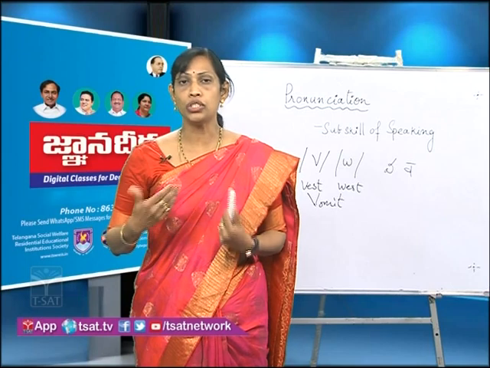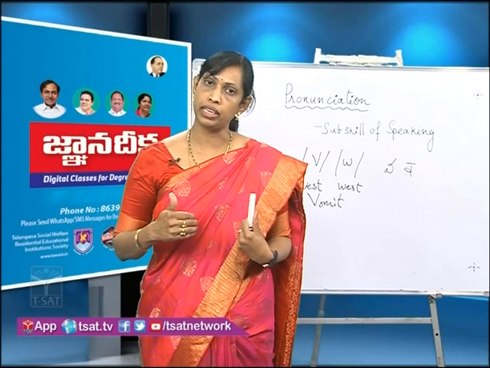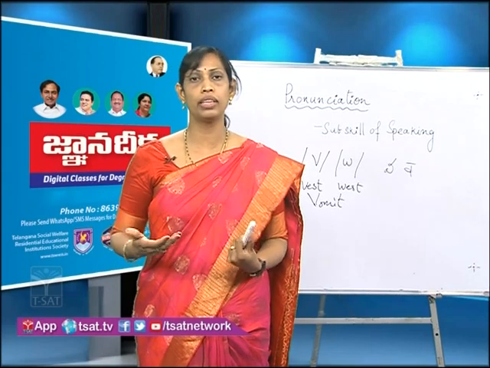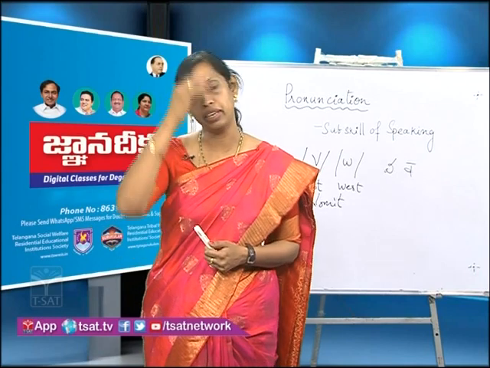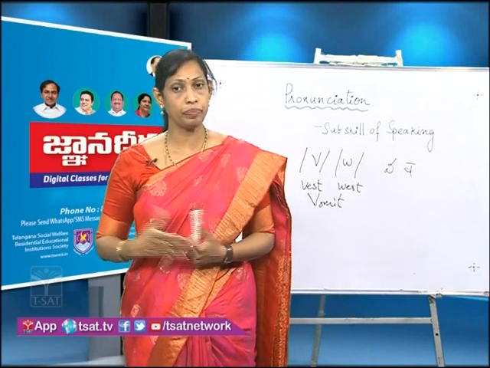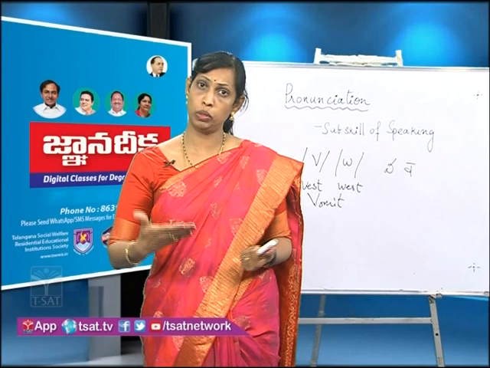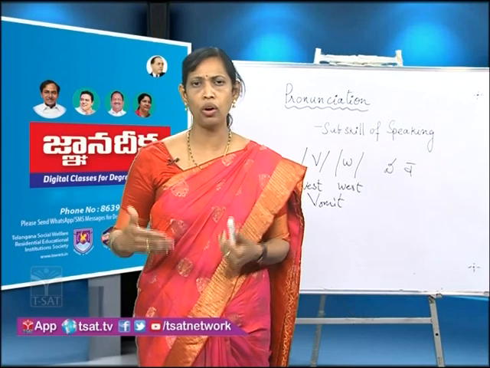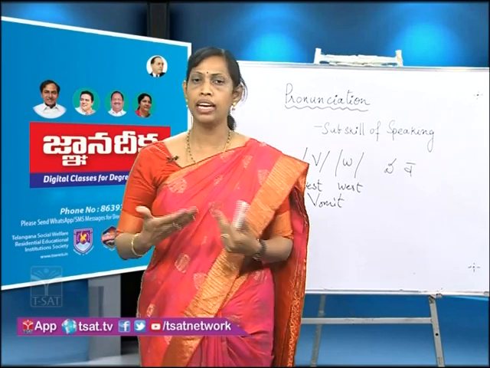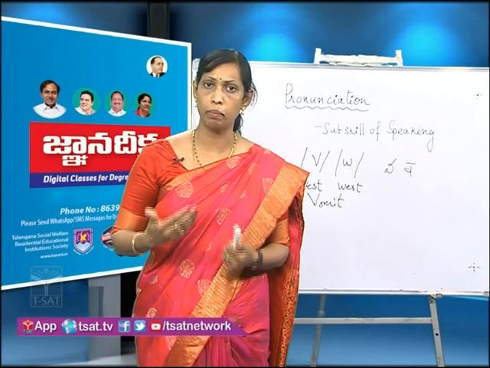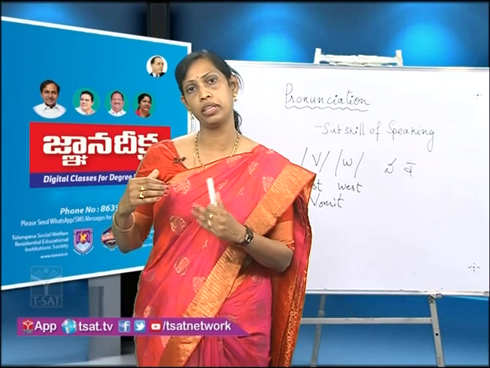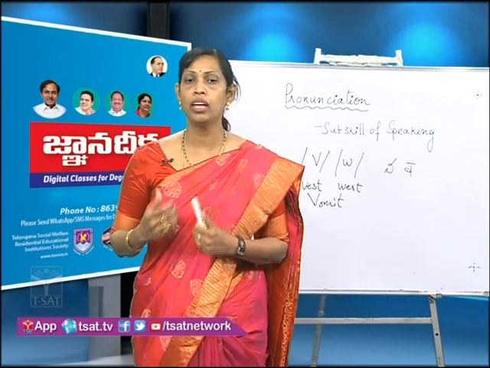See students, it is not only with the native speakers of English, but you have to be very careful with non-native speakers of English also, because when you don't differentiate between s and z sounds, or many sounds, let us take an instance where a woman doesn't differentiate between the sounds s and z. So what happens?